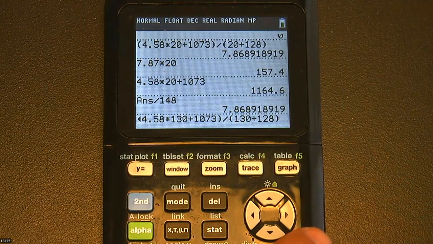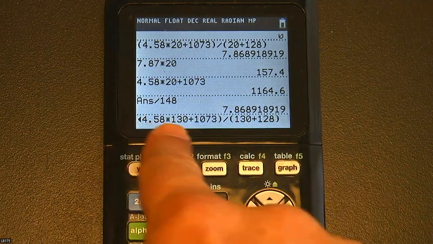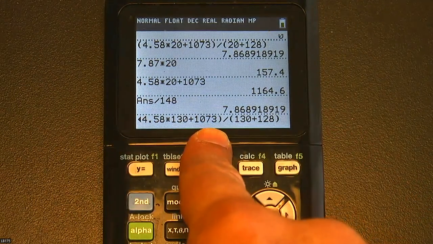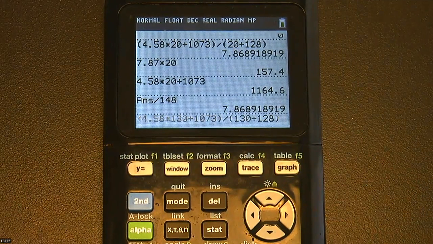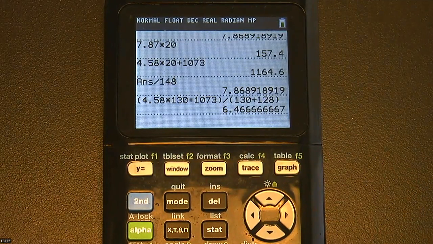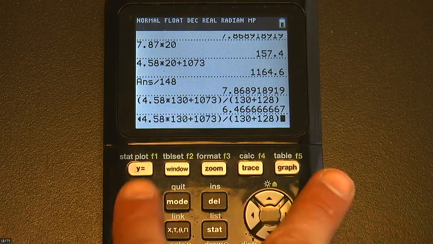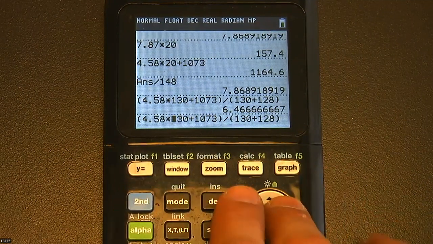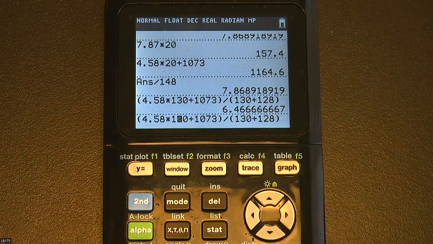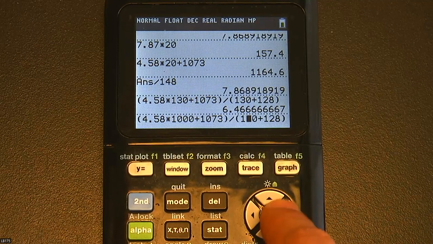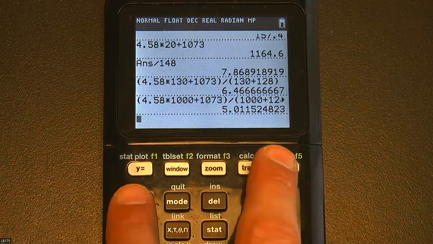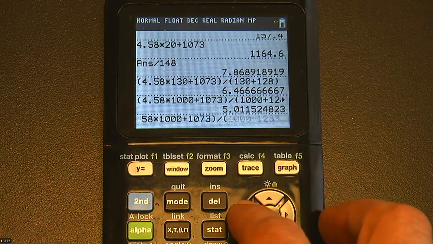I just typed in price per shirt if you get 130 of them. Oh, there you go. What if we ordered, let's say, 1,000? What if we ordered 10,000?